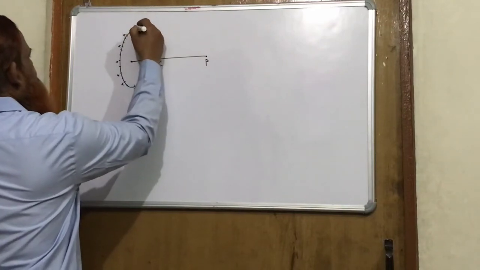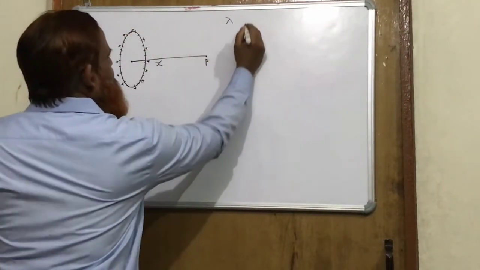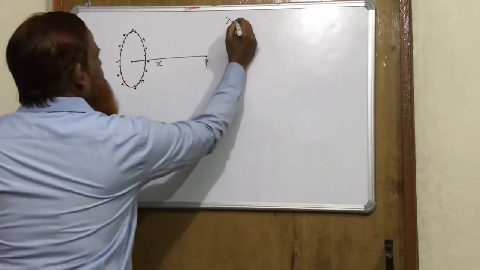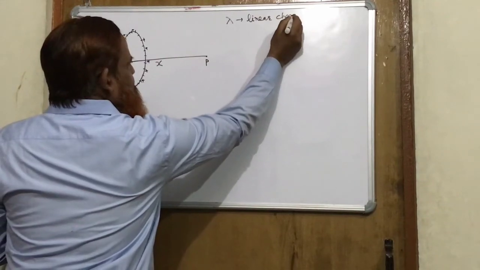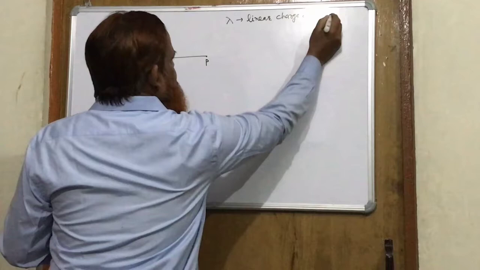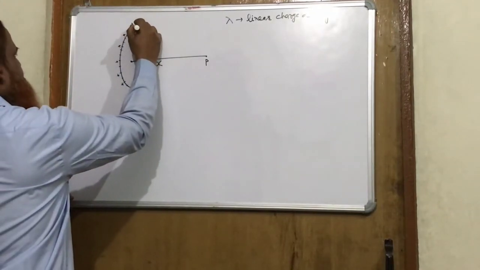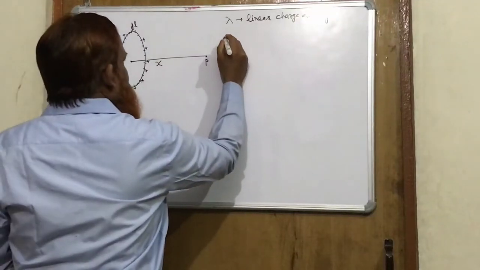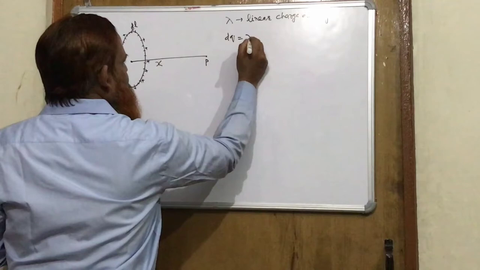So let lambda be the linear charge density, meaning charge per unit length, and we take dl length here. So the charge dq on that element will be lambda dl.